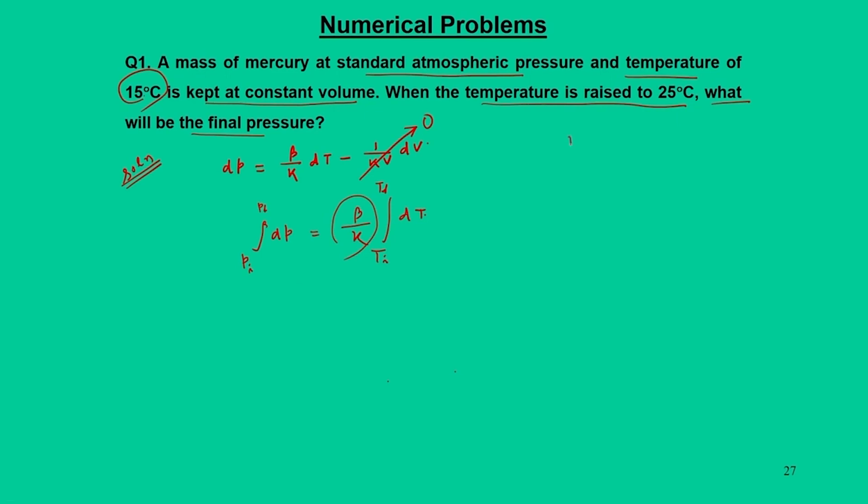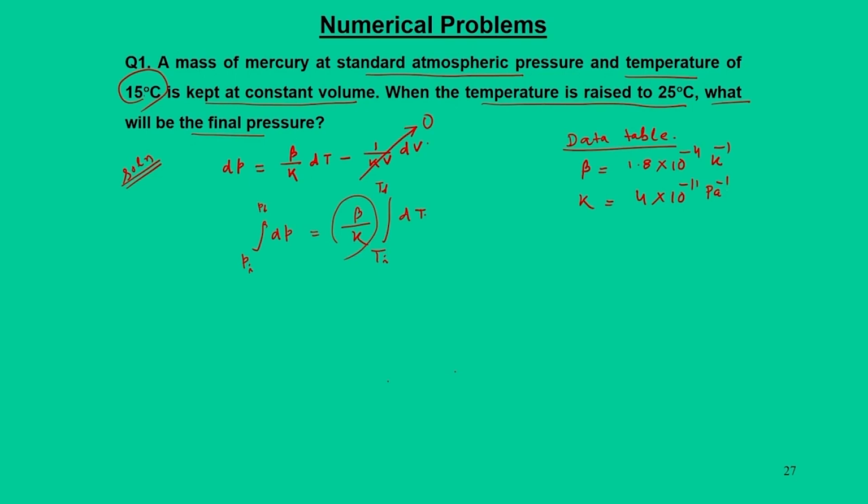So, we have to use the data table. Any thermodynamic book will give you the values of β and κ, and for mercury I can note down β equal to 1.8 × 10^-4 Kelvin inverse, and κ is 4 × 10^-11 Pascal inverse.